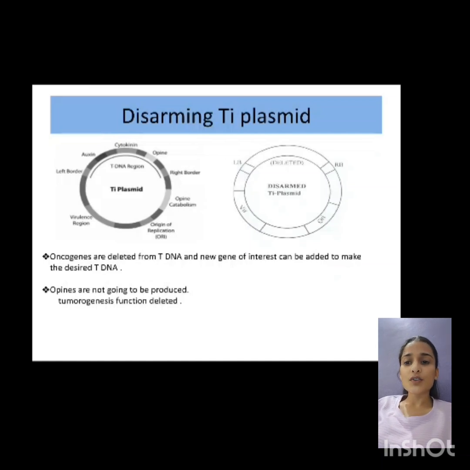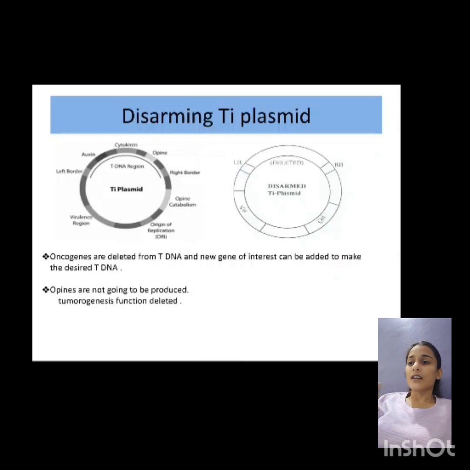Like if we want to transfer any gene of interest, like pest resistance, disease resistance gene, or any kind of antibiotic resistance, any beneficial gene, to a plant, we can use the Ti plasmid by disarming it, or we can say by modifying it with some changes.